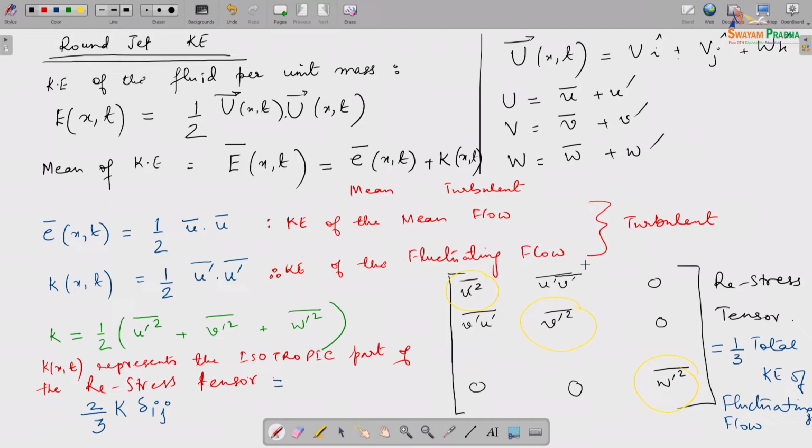Okay, also scale with the kinetic energy of the fluctuating part.